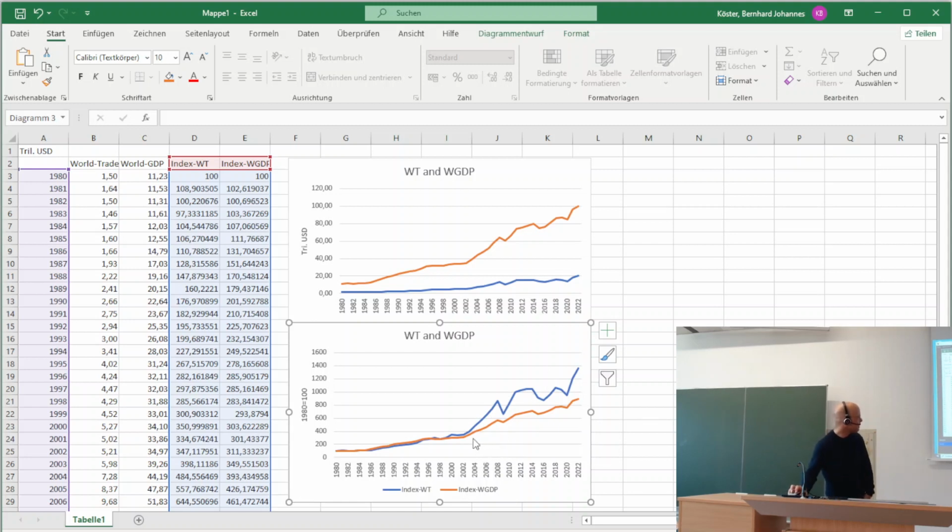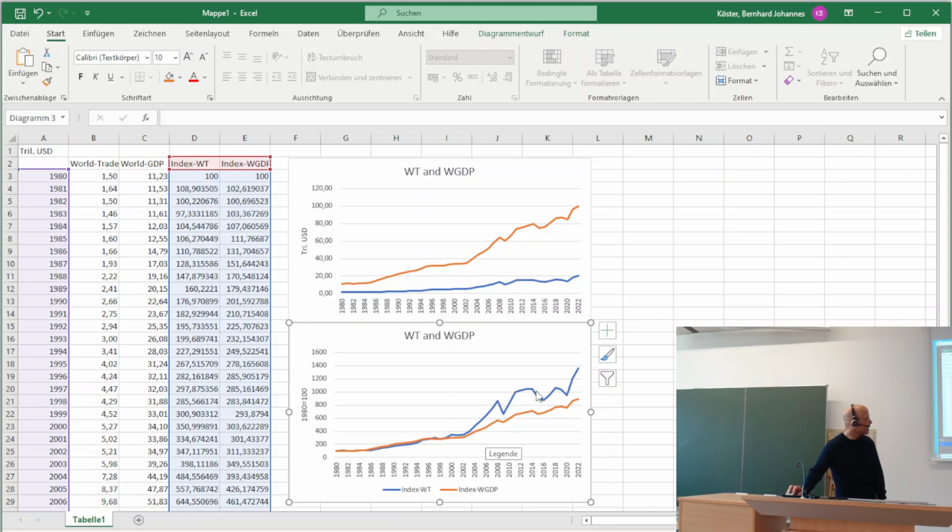And here then you see that in the first decade of the new millennium, world trade moved much faster than world GDP. Then we have here again the financial crisis.